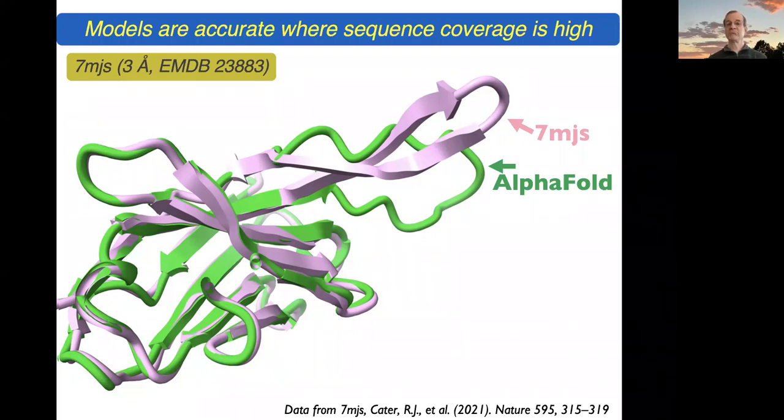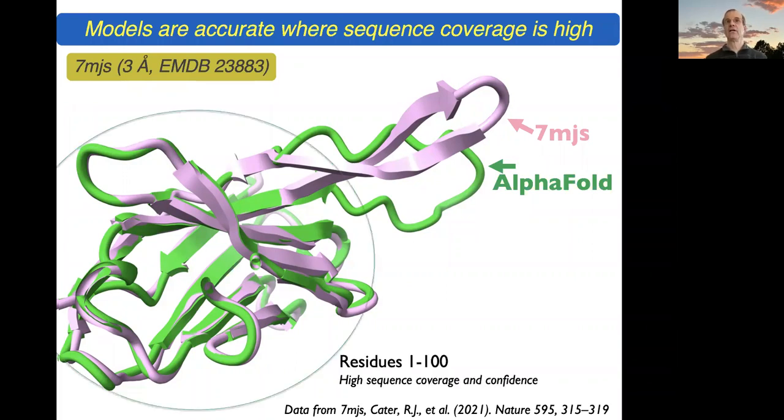Notice that part of this is quite similar and part is not. The left-hand side is the part that I showed you that has a very high sequence coverage. It has very high confidence. That's residues 1 to 100 here. And as you can see, the structure is very similar in the prediction and in the actual structure.